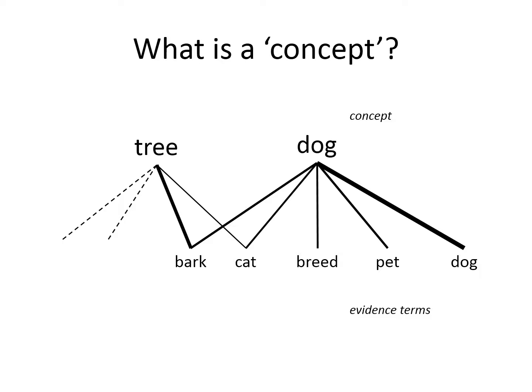Importantly, concepts can be made up of the same words, so words can be shared across concepts. In this example, words such as bark and cat are evidence for the concept dog, but they can also be evidence, to differing amounts and weightings, for the concept tree. And so words can be part of multiple bags.